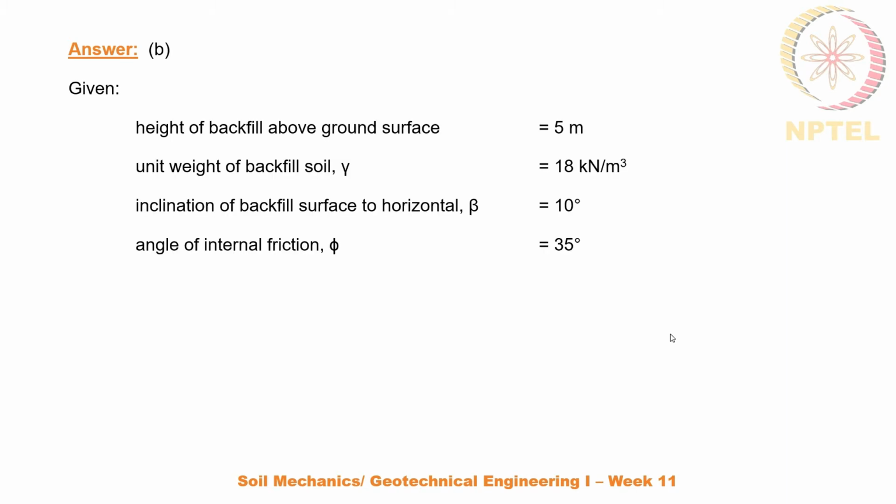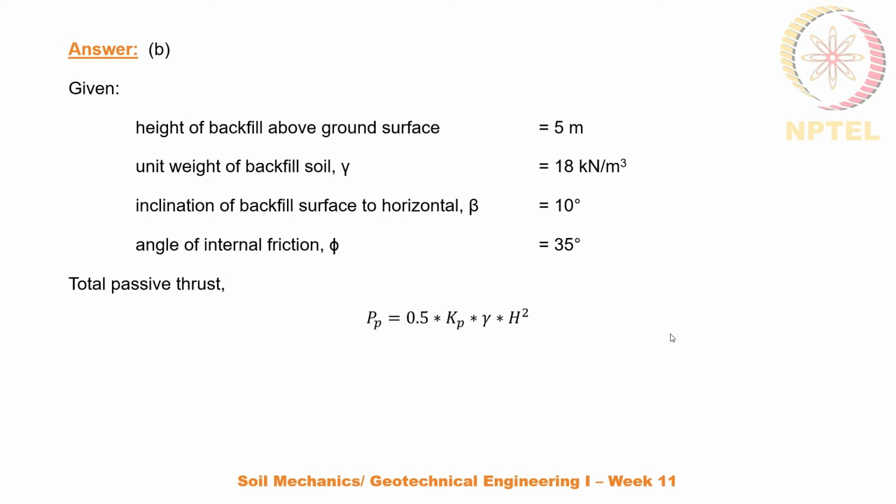Okay, so here we are given the height of the backfill above the ground surface as 5 meter, unit weight of the backfill soil, that is sandy soil, as 18 kilonewton per meter cube, angle of internal friction as 35 degrees, and inclination of backfill surface to the horizontal as 10 degrees.